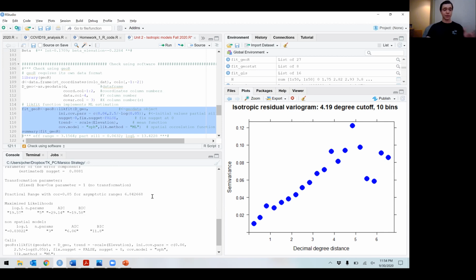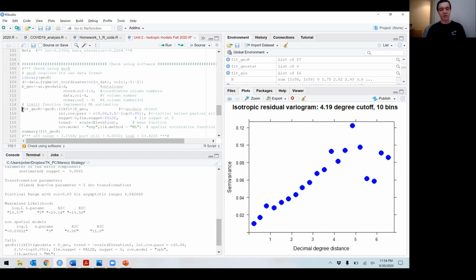Now, what I could do, I think most of you have seen the AIC and BIC, the information criteria. I'll be mentioning information criteria briefly, I believe next lecture. But I could remember this number: minus 29.1. This is the AIC when using the spherical correlation function. And then re-estimate with the exponential.